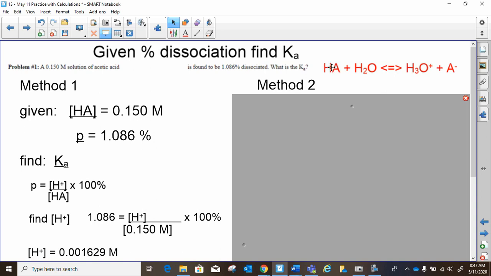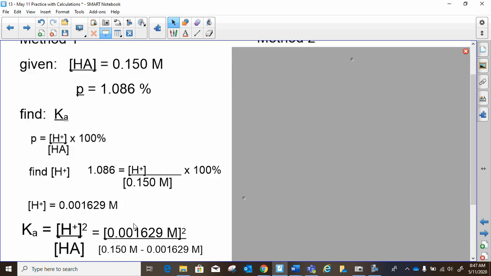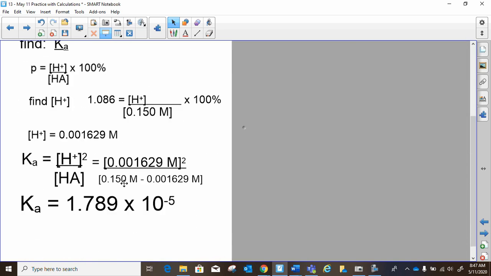So if I'm starting with 0.15 molarity, and I know that I have formed this much H plus, then that must be what I lost from the 0.15. So you'll note the concentration of my acid started at 0.15, but at equilibrium, it had lost this much to form the H plus. So that's why I have the subtraction on the bottom.